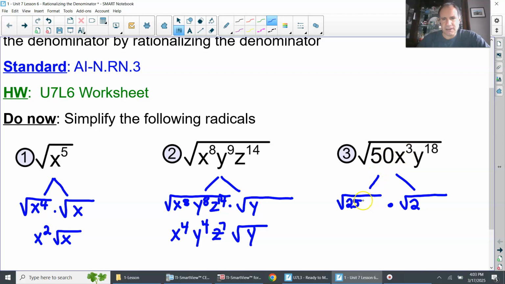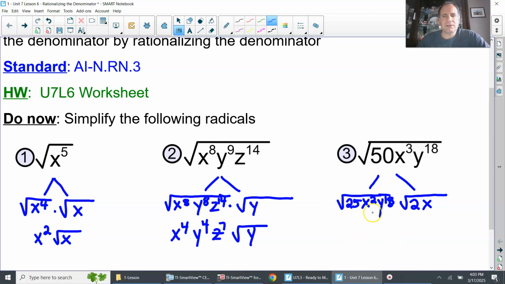So x to the third is a non-perfect square, so we're going to put that as x to the second power times x. X squared times x is x to the third. And then y to the 18th is a perfect square, so we're just going to put y to the 18th right there.